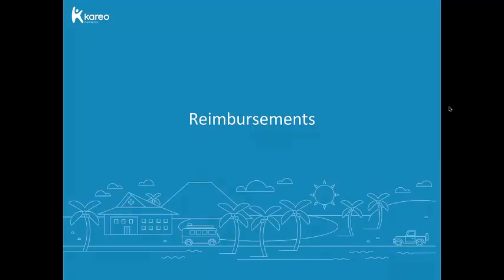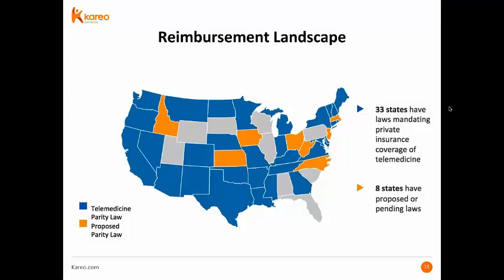All right, so let's focus on reimbursements a little bit here. On your screen now, you can see a map of the U.S., and you can see that there are 33 states currently with a parity law or a reimbursement mandate that requires private payers to cover telemedicine visits just as if they would for a normal in-office, in-person visit.